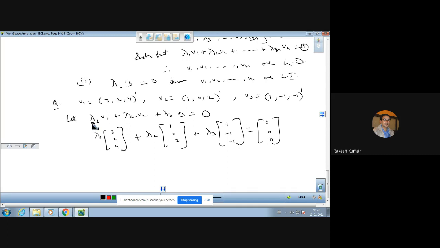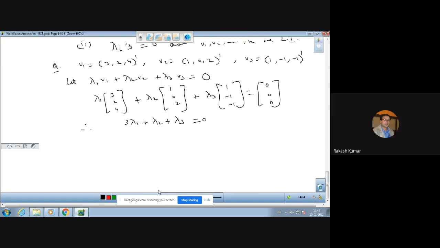और एक बात, कुछ बुक्स में हो सकता है कि लैम्डास की जगह कुछ k1, k2, k3 लिए हों. These are just scalars. Names different हो सकते हैं. So therefore we can multiply these and add up all these. And it comes out to be 3 lambda 1 plus lambda 2 plus lambda 3 is 0.